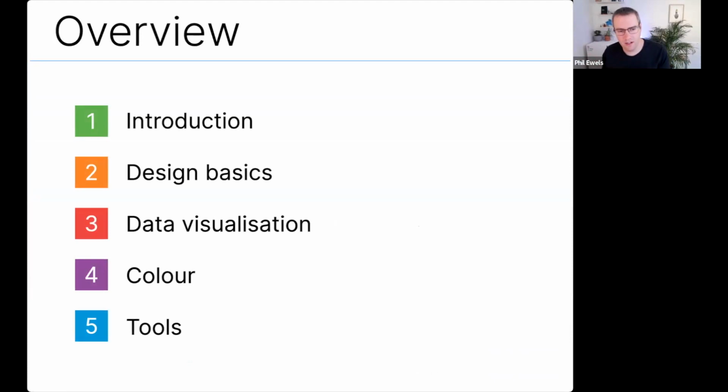We'll touch on color, because color is a really important topic and deserves its own section. And then at the end, I've got a couple of slides about some of the tools that I use on a regular basis, especially to make PowerPoint slides and things like that. So that's roughly the overview. I think the bulk of the time is going to be spent on data visualization in the middle.